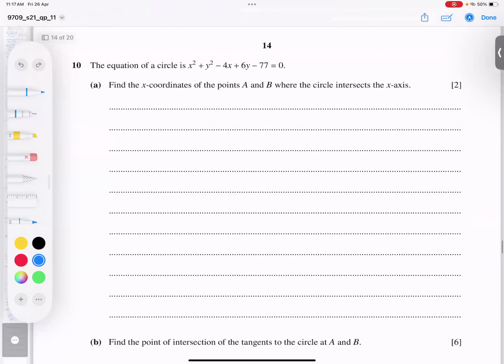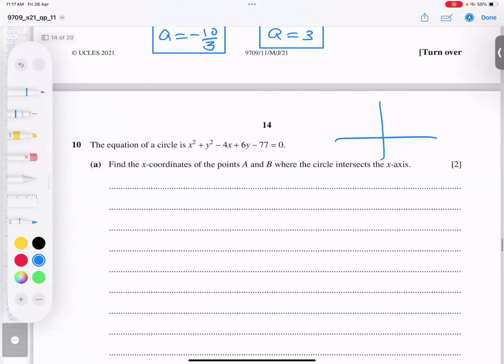Question number 10. What is he saying here in question number 10? Okay, the equation of the circle is mentioned. You can see here. And he said the X coordinates of A and B where the circle cuts the X-axis. You know, student, basically whenever there's a circle, I cut the X-axis, I make it again. Cut the X-axis, Y is 0; cut the Y-axis, X is 0.